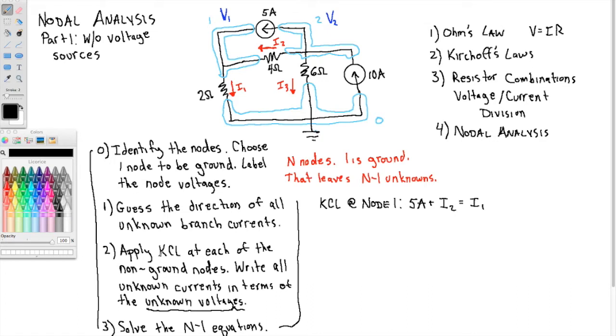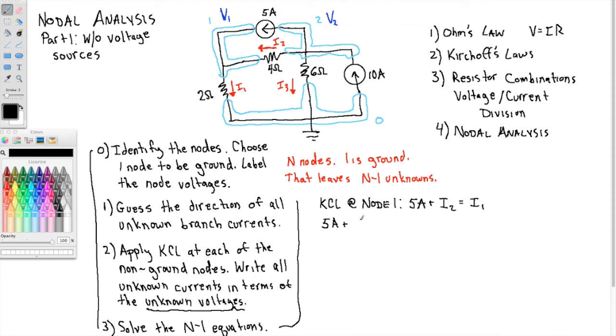Okay, but remember step 2 here is apply KCL, and that's KCL, but write all unknown currents in terms of the unknown voltages. So here are my unknown currents, I1 and I2, and I want to write them in terms of the unknown voltages. So we're going to use Ohm's law to express I2. I2 is the current through the 4 ohm resistor going from right to left.